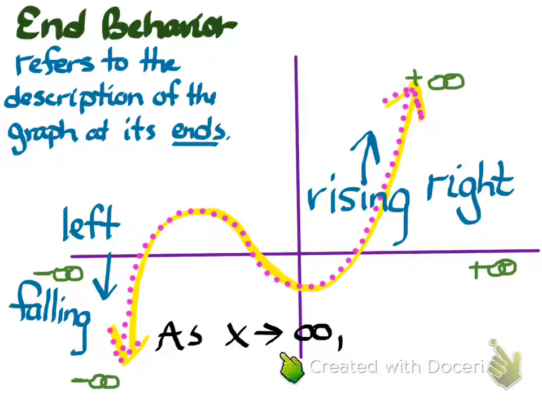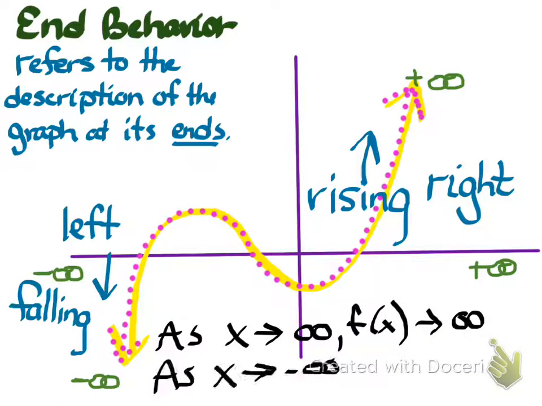This is saying as x goes to positive infinity, well, that's this way. What you're going to do is you're going to tell me what the height of the graph is doing, or what the end of the graph is doing. The end of the graph is going to positive infinity. So we say f of x, which is the y value, is going to positive infinity. And in like manner, we say as x travels to negative infinity, the arm of the graph is going to negative infinity. Okay?